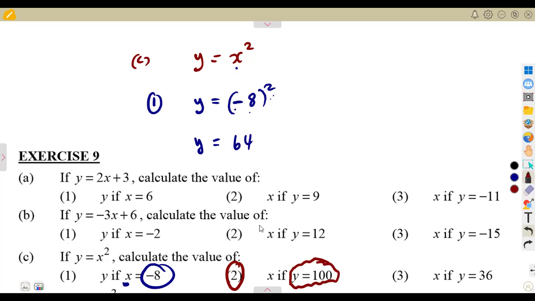This time we are given the value of y to be 100. So what are we going to do? If y is 100, it means 100 is equal to x squared. So if 100 is equal to x squared, what will be the value of x? Or the values of x? Can I say it that way?